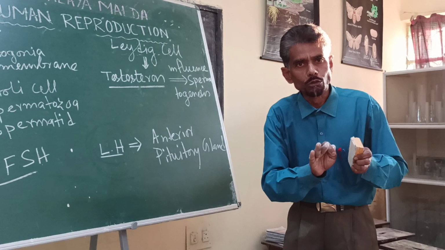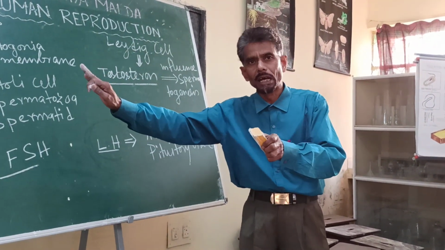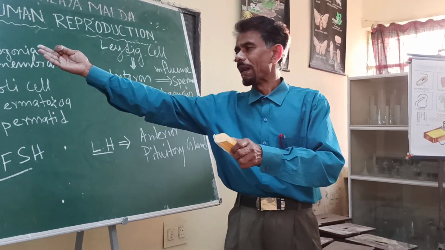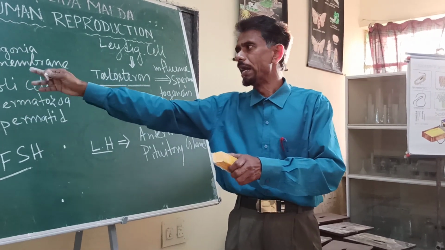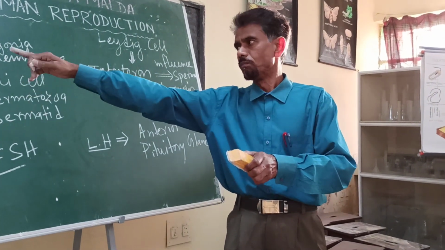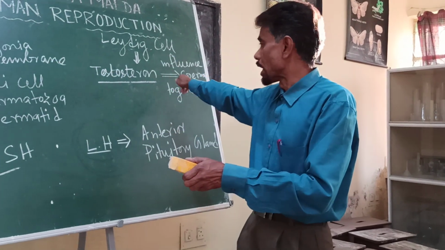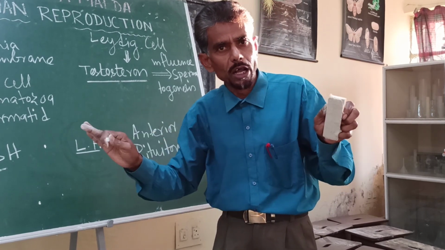Now we shall switch on to spermatogenesis. By this time, the sectional view of the testis, the different cells present in the seminiferous tubule, and in between the seminiferous tubule, the Leydig cell and the function of the Leydig cell, I hope it is very clear to you.